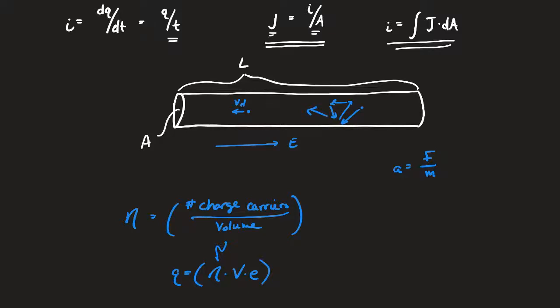So, I really want to write this as n A L e. In fact, maybe write it as n e, and then multiply that by the physical constraints of the wire, A L. Now, this would represent the charge density.